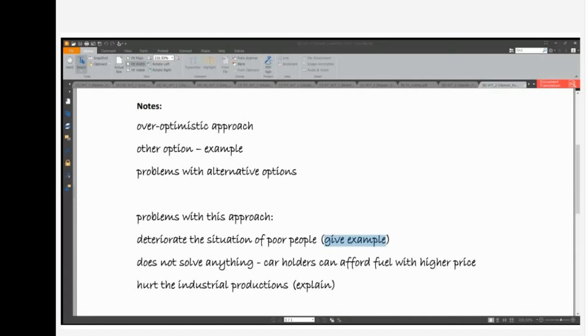So in that way, the price of products will increase, and that will be a dilemma for government because they won't be able to control the price of the daily commodities. The increased price of the fuel would only make problems for the poor people, while rich people who own cars, they can actually find a way to buy fuel.